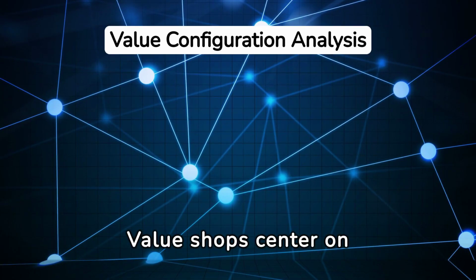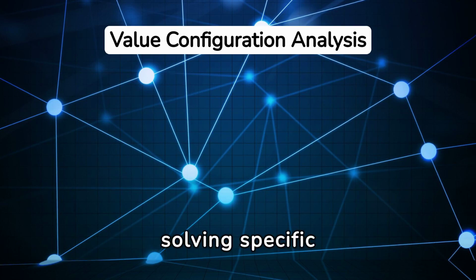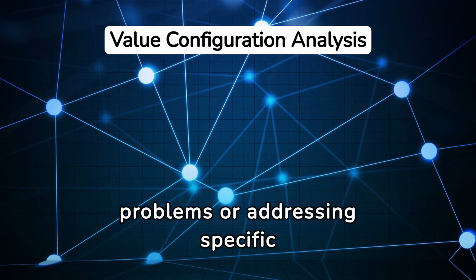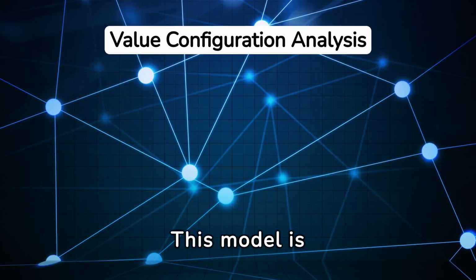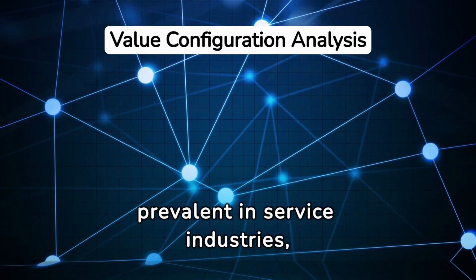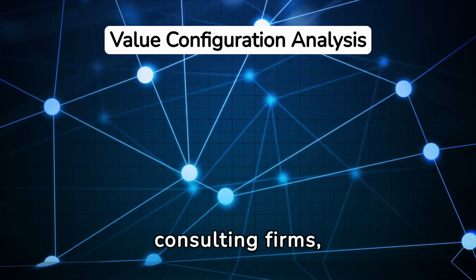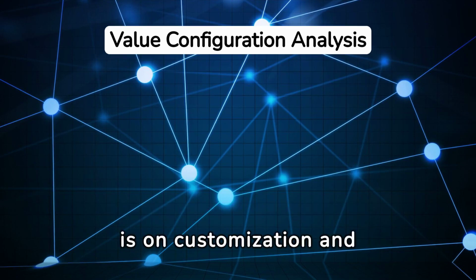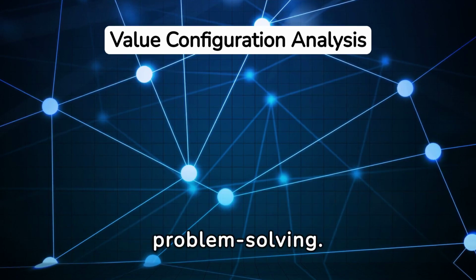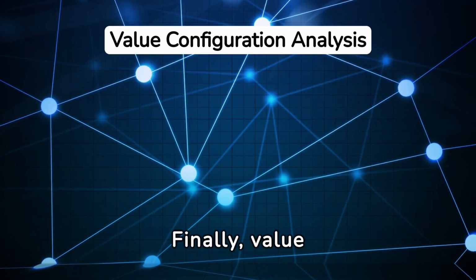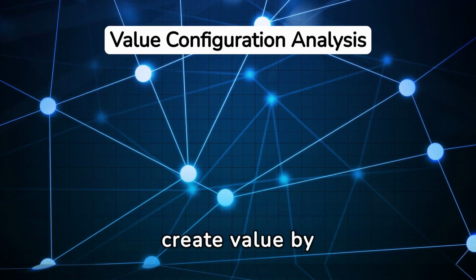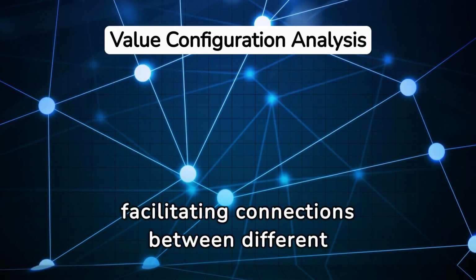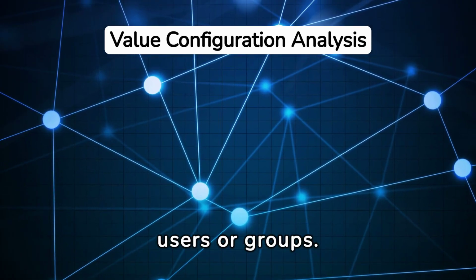Value shops center on firms that create value by solving specific problems or addressing specific needs for customers. This model is prevalent in service industries, consulting firms, and businesses where the focus is on customization and problem solving. Finally, value networks relate to companies that create value by facilitating connections between different users or groups.